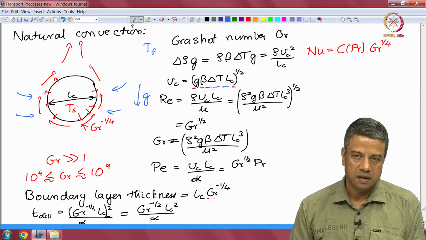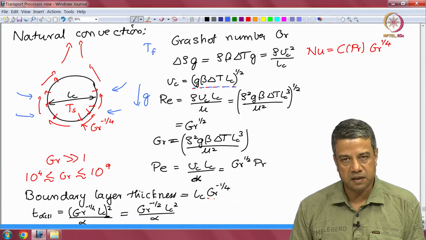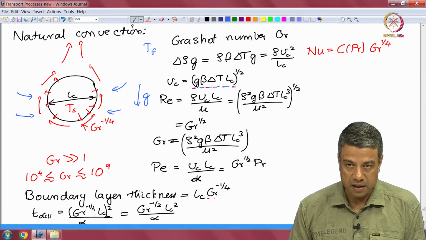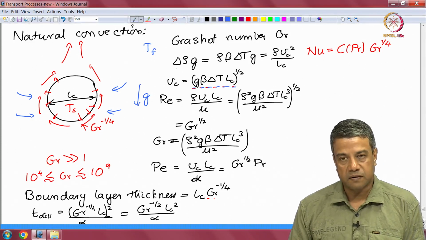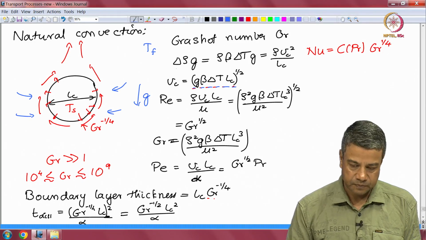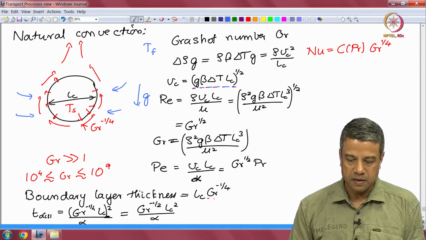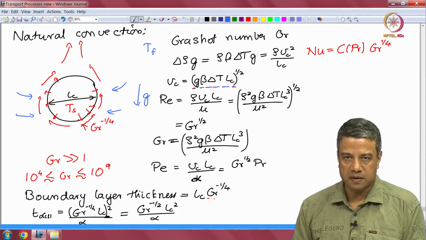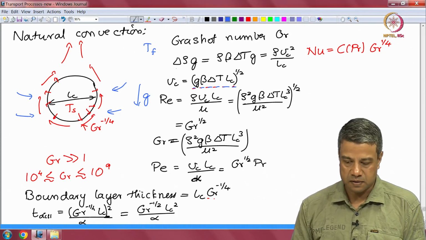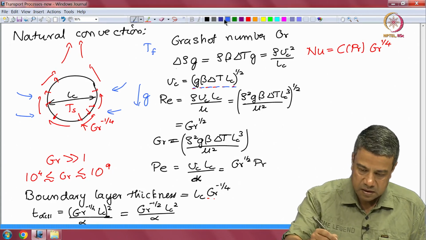Beta is the thermal expansion coefficient, delta T is the temperature difference. This temperature difference is varying with time in our problem, and therefore the characteristic velocity is also varying with time in our problem. The Reynolds number is Grashof number power half. Traditionally, it is the Grashof number that is used, not the Reynolds number. And the Grashof number is given by this.